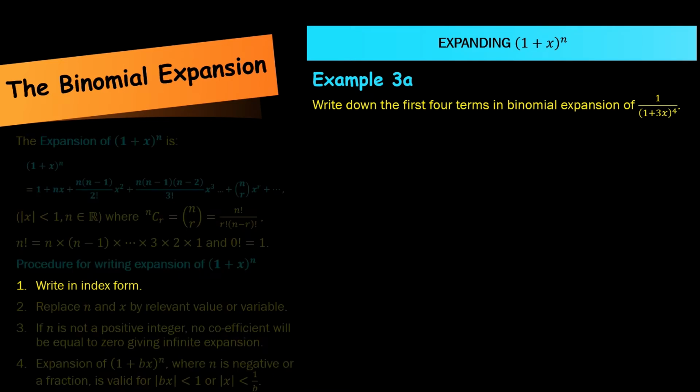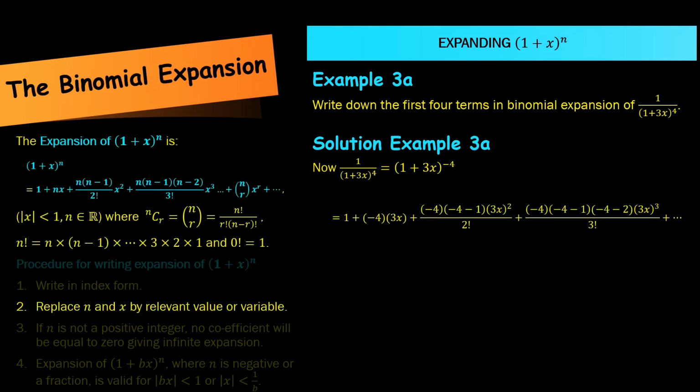We're going to begin by writing this in index form. So we have that this expression equals 1 plus 3x, all raised to the minus 4. We are now going to replace n and x by the relevant value or variable in the expansion of 1 plus x to the power n, or whatever we have in our example which is equivalent.